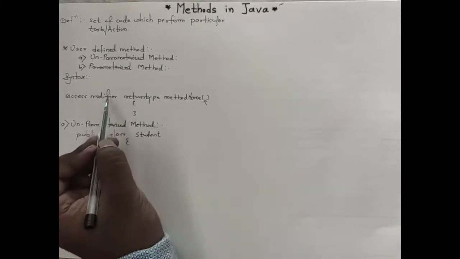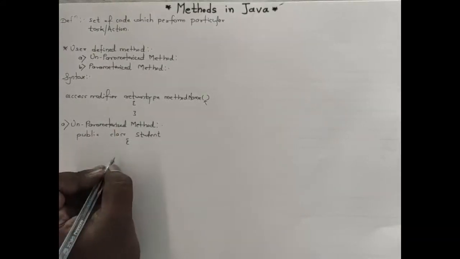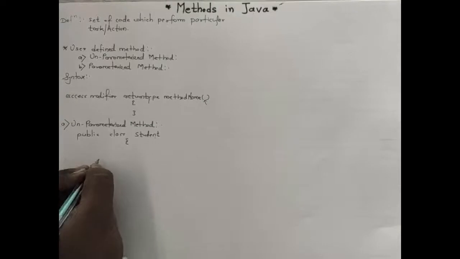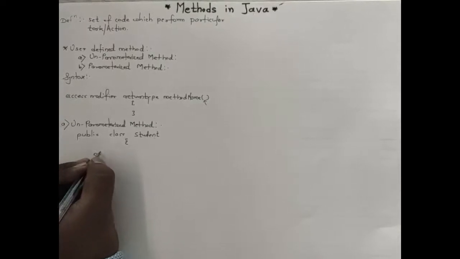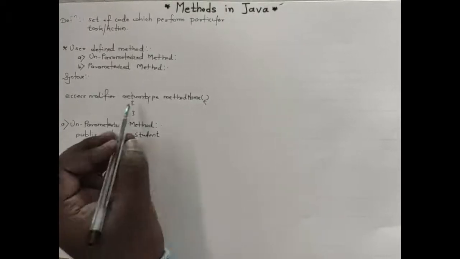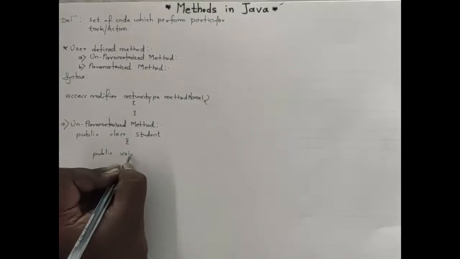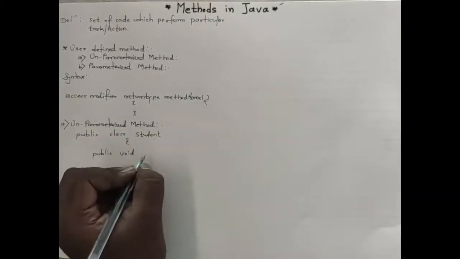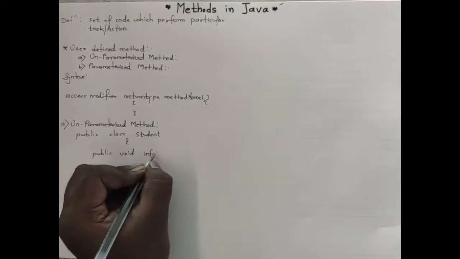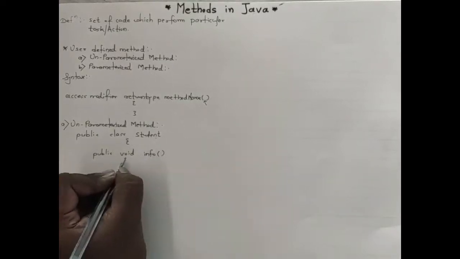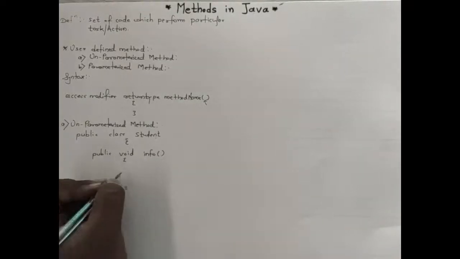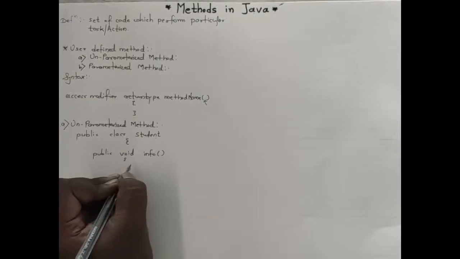Okay, so we know the syntax of a method. Access modifier, so here I am using public as the access modifier. Return type, I am using void, and for the method name I am taking info. Then parenthesis, open curly braces. So inside that I am declaring two variables.